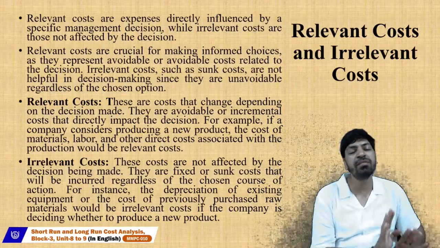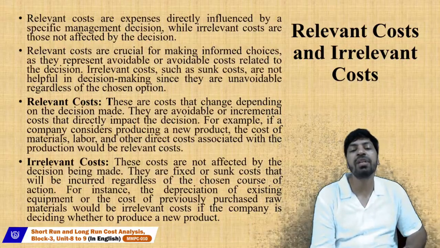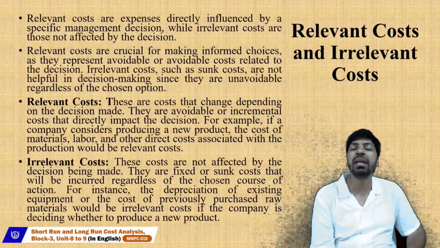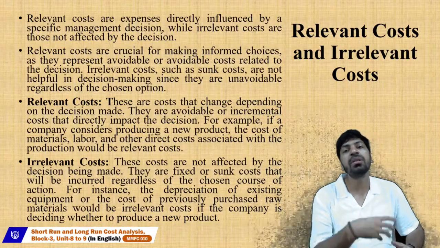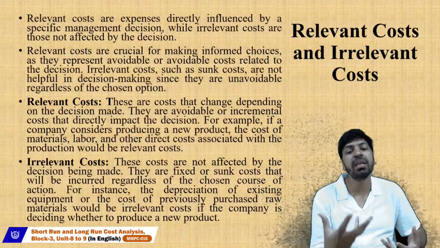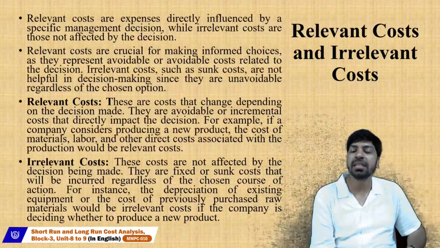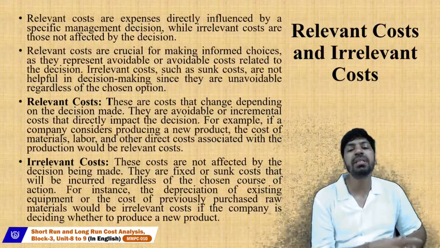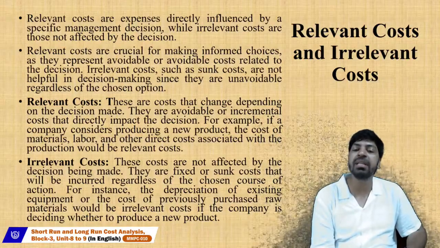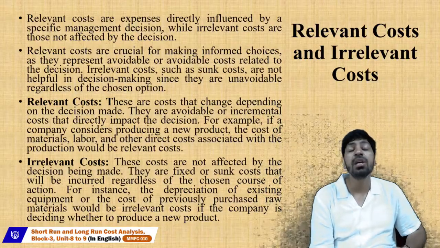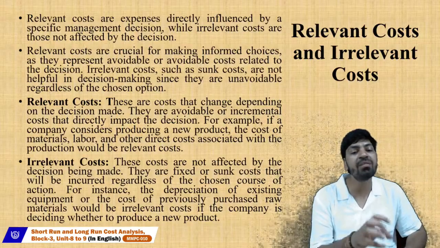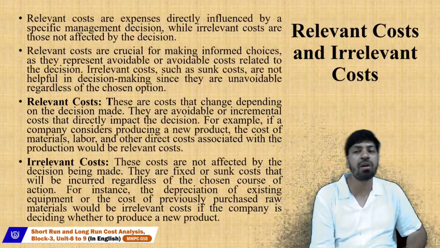Irrelevant cost doesn't affect any decision. They are fixed. They are sunk costs, which would be incurred whatever the option or course of action considered. Let's take an example. The depreciation of existing equipment or the cost of previously purchased raw materials could be irrelevant costs if the company is deciding whether to produce a new product or not.